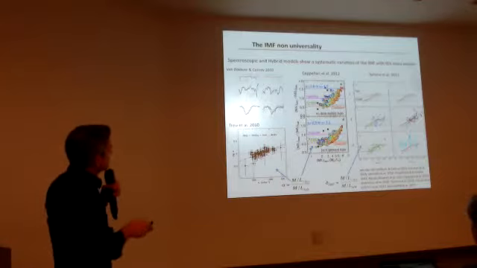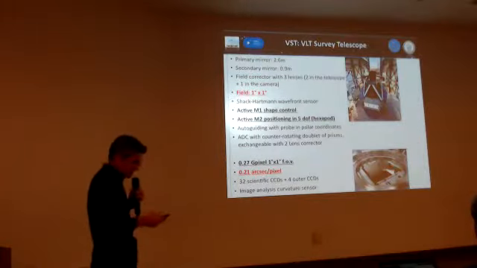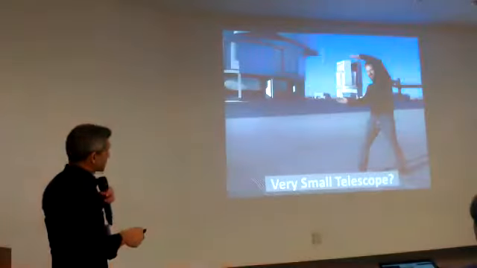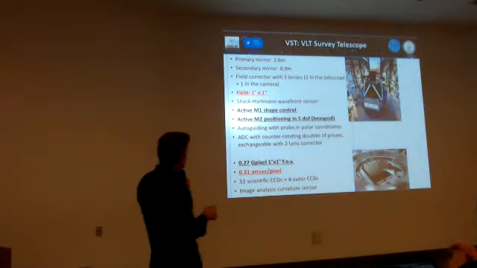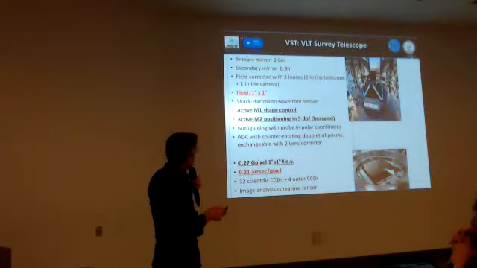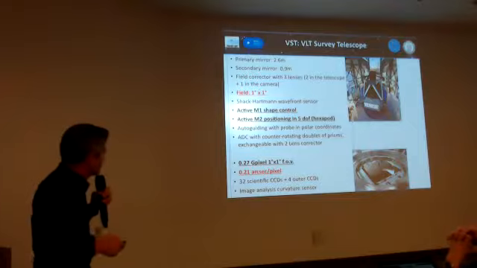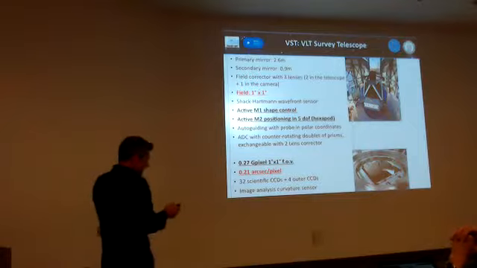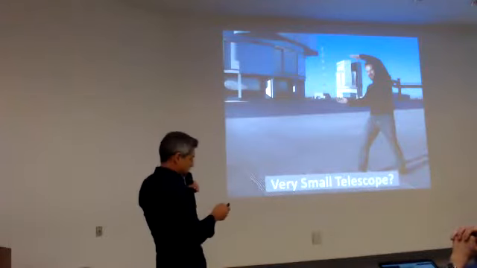So this is what we have at redshift 0. We then want to go to higher redshift, and here we use the VST telescope. It is a 2.5 meter telescope, with a field of view of 1 square degree and this pixel scale. So it is also called a very small telescope for these sites.